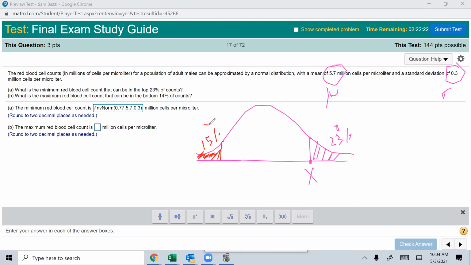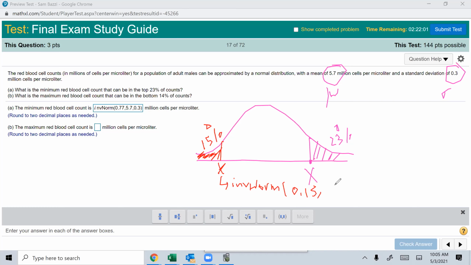That's where it is at the bottom. The bottom is on the left, guys. And we need this X value. And this is going to be, guys, what? Inverse norm. And since the area happened to be on the left, so we're good. Just use it as is.